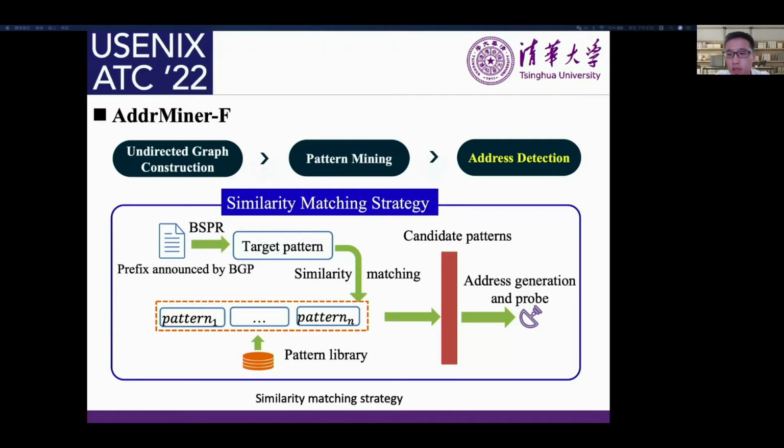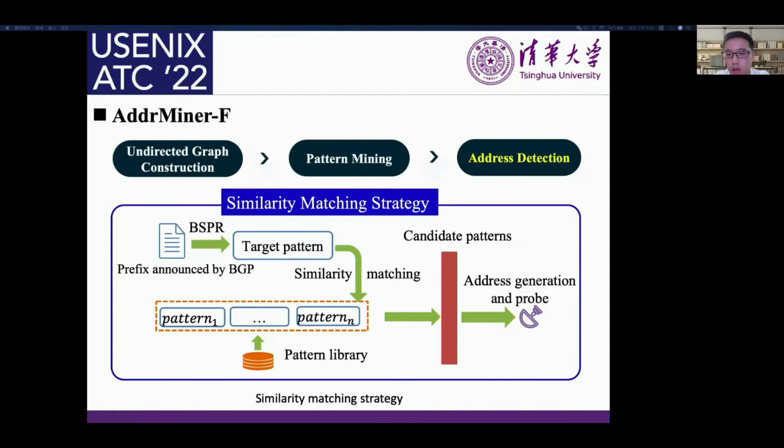We first obtain the patterns of the few seed sets and the target prefix. Then we traverse the pattern library and calculate the similarity between the target pattern and each pattern in the pattern library to find the top-k most similar candidate patterns.